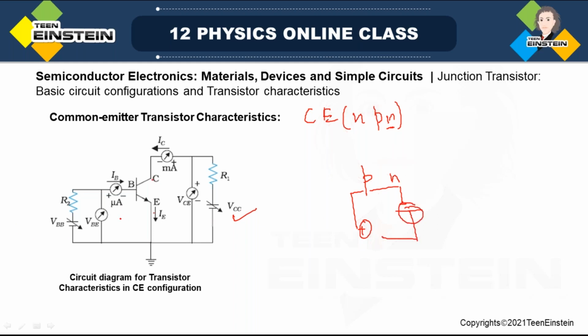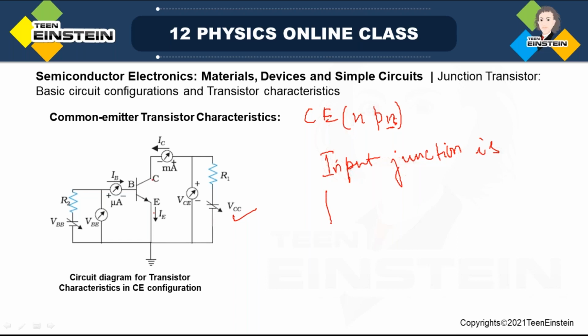So the input junction is forward bias, and the output junction is reverse bias. In the NPN, the collector is made of N-type semiconductor and is connected to the high, positive voltage of the battery VCC. That's why I'll write: input junction is forward bias.